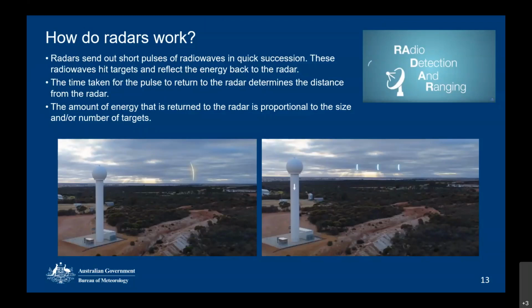That's where we get our bearing information from, whereabouts it's coming from. Also, we elevate the radar all the way up to about 30 odd degrees, so we get height information from the radar as well. So that's how radars work. We send out short pulses of energy, we listen for the return echoes, and that's where we get our information from.